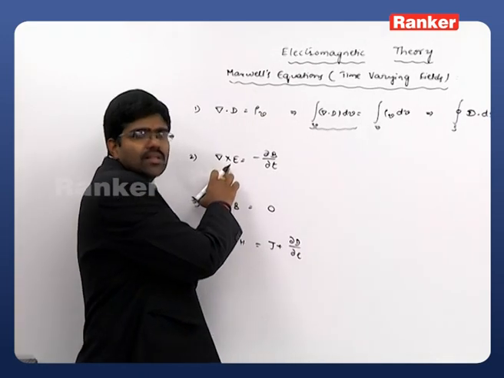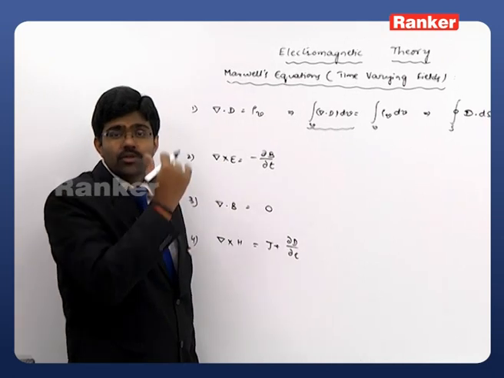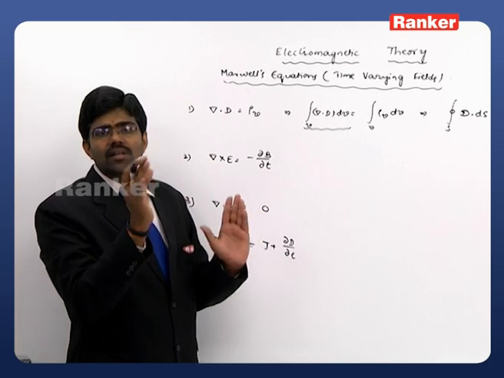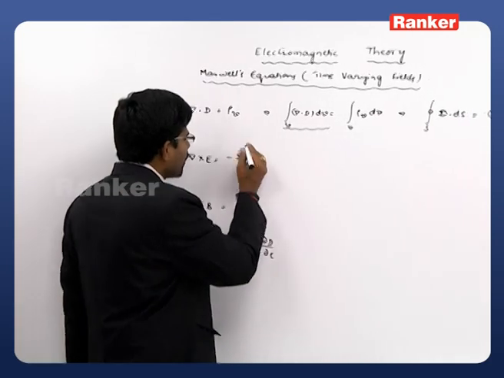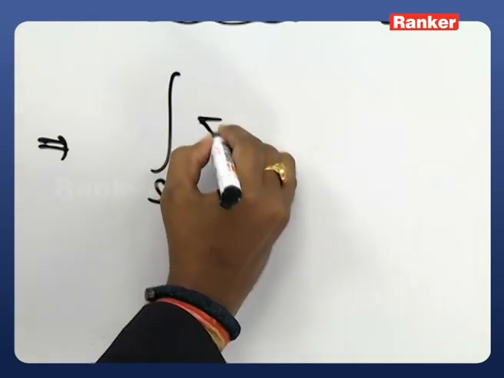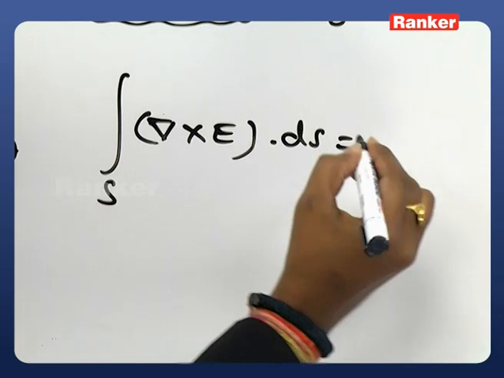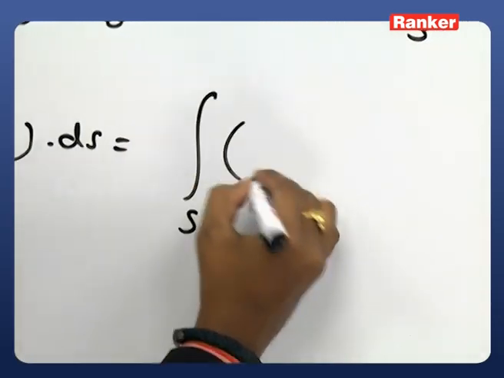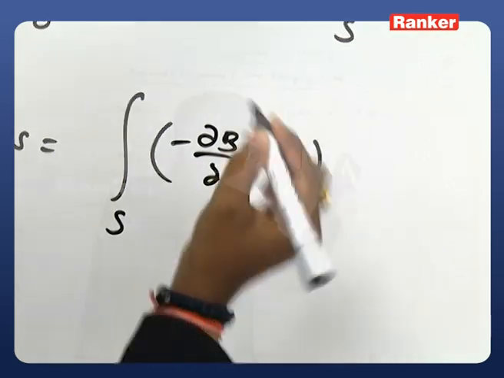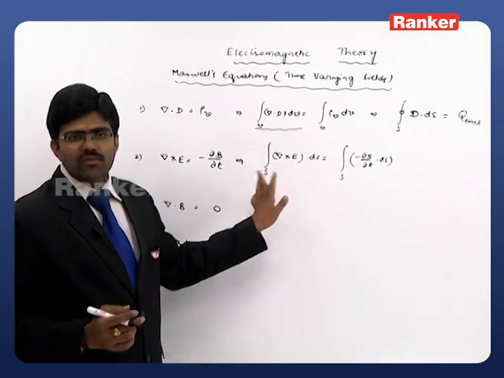Next, observe the second equation. Here we have a cross product, a curl. Since we have a curl, Stokes theorem comes into the picture. For that, the simplified way is to apply a surface integral on both sides. That is, the surface integral of del cross E ds equals the surface integral of minus dou B by dou t ds. Nothing I did except apply the surface integral.